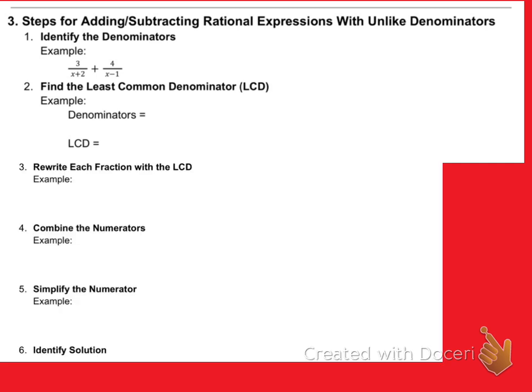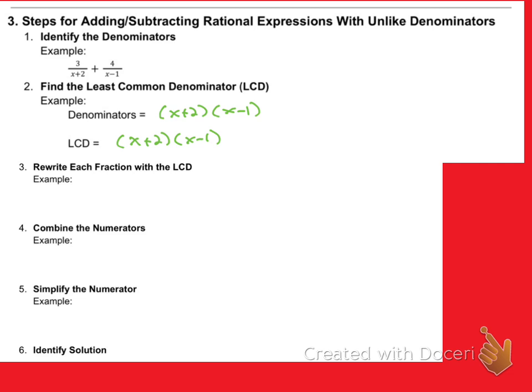Steps for adding and subtracting rational expressions with unlike denominators. So this first example right here, our denominators are x plus 2 and x minus 1. So our least common denominator would be x plus 2 times x minus 1.